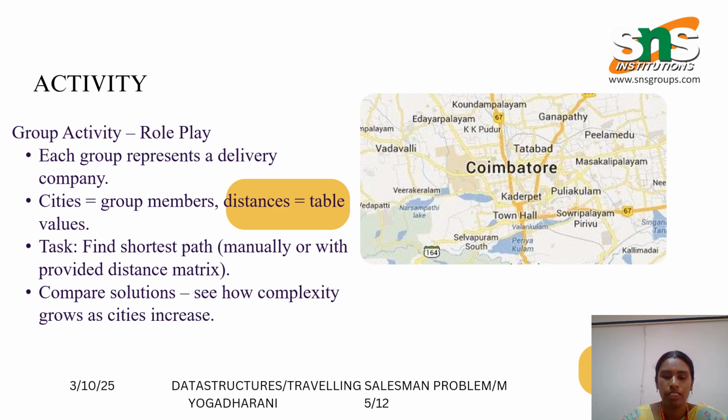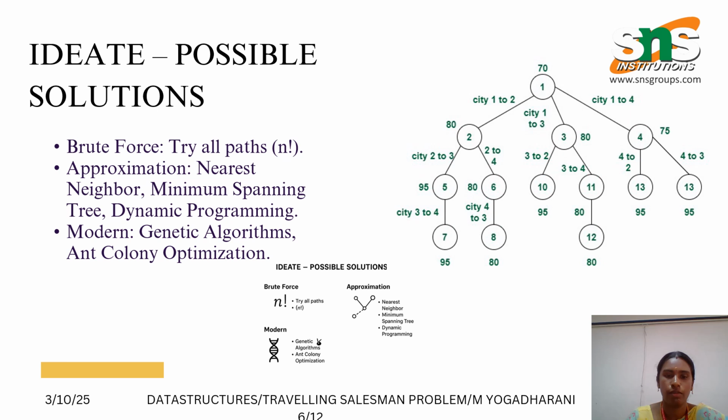Next, the idea behind my problem. Brute force means that for a particular problem I have to try each and every path. It is accurate but impractical. Then the second one is dynamic programming.